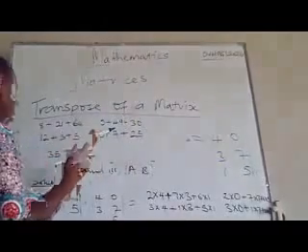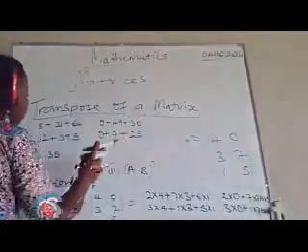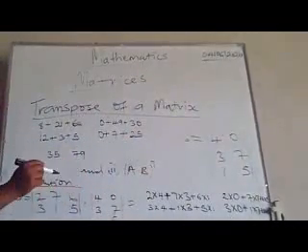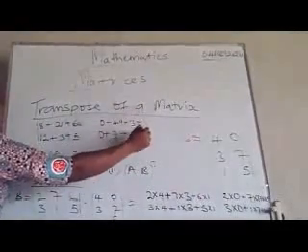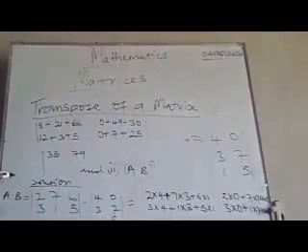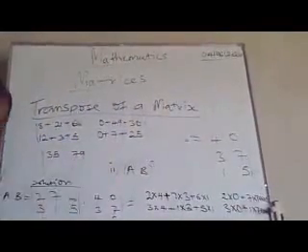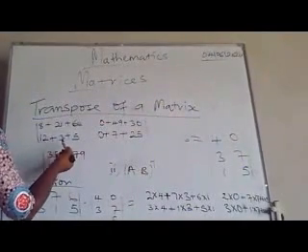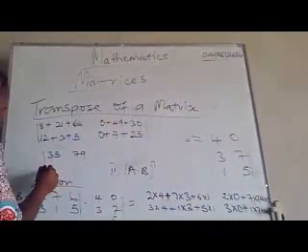The second number on the first row is what? 0 plus 49 plus 30. I think that is 79. So our first row is 35 and 79. The second row, 12 plus 3, 15, plus 5, 20.